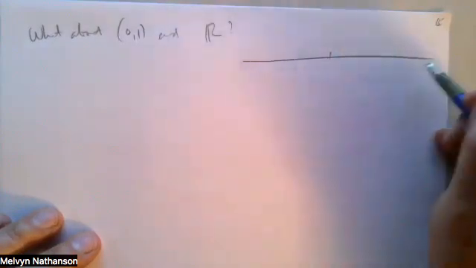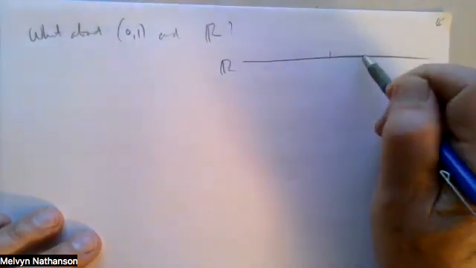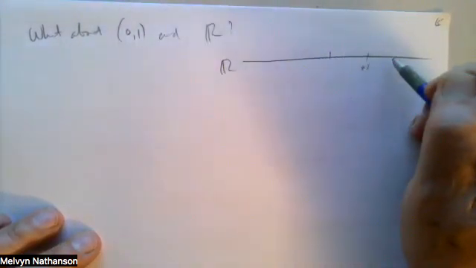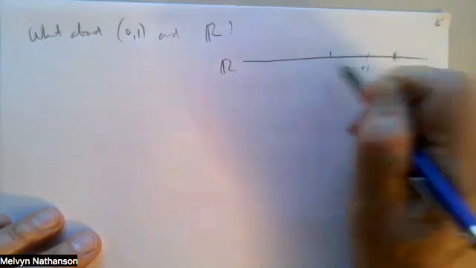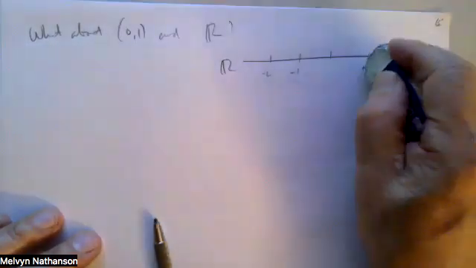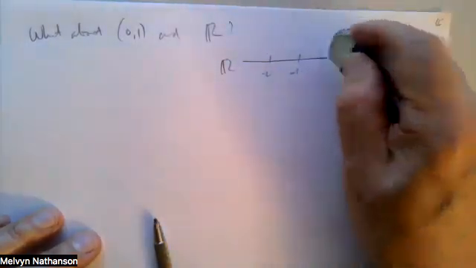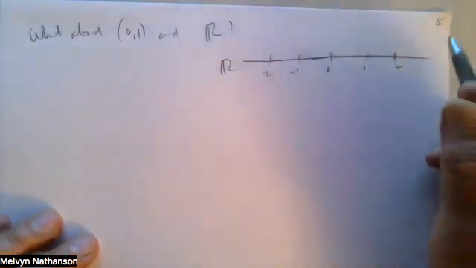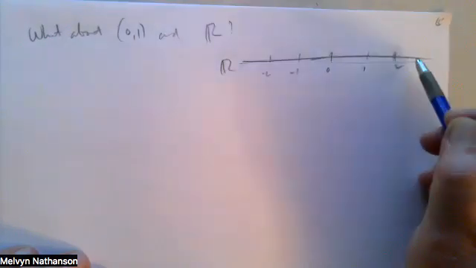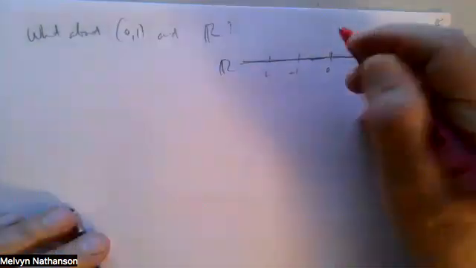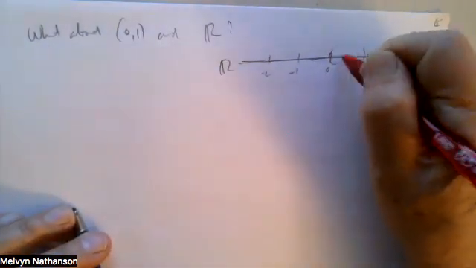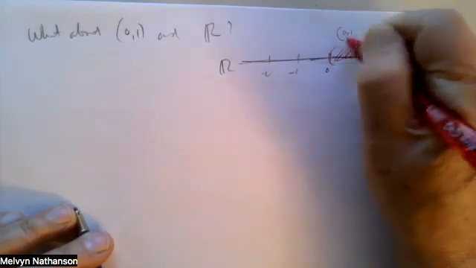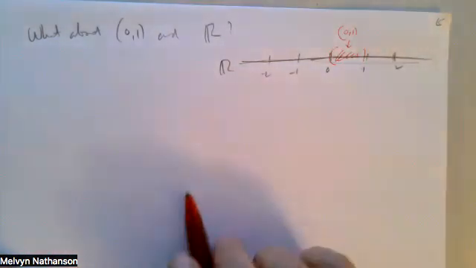So here's the real line, R. I have this whole real line, and on the real line, I have the open interval.